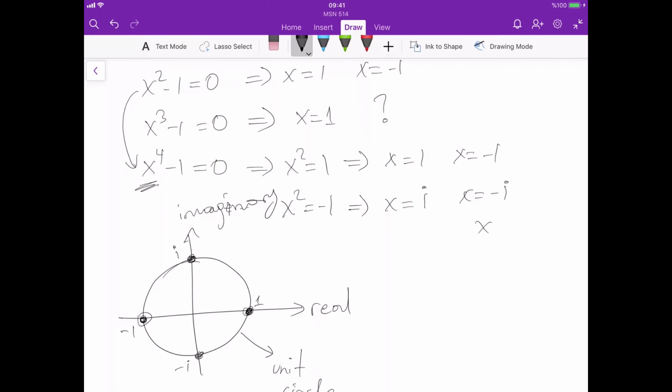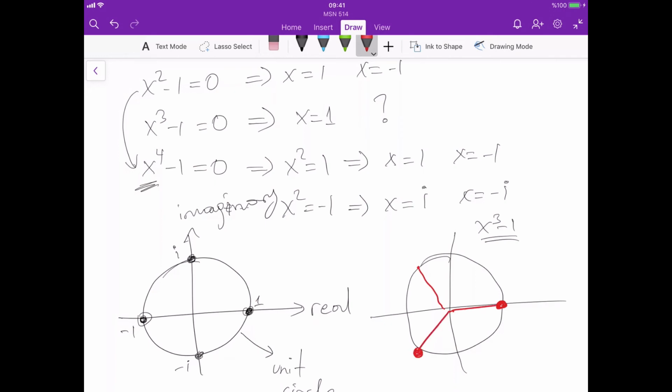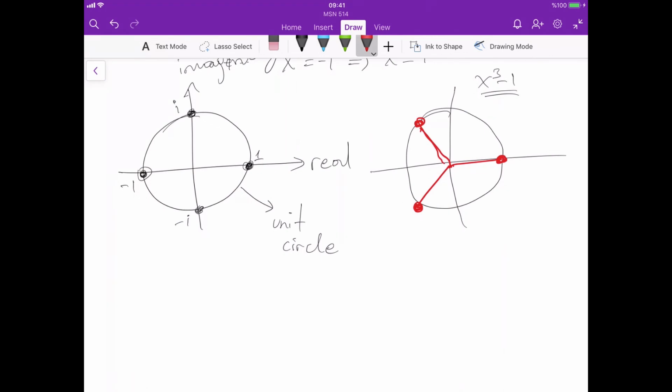Now tell me, what happens with x cubed minus 1? One root is over here, right? The other ones are actually over here and over here, right? I hope this is something new that you learned today, for some of you, of course. So x equals 1 is one solution.